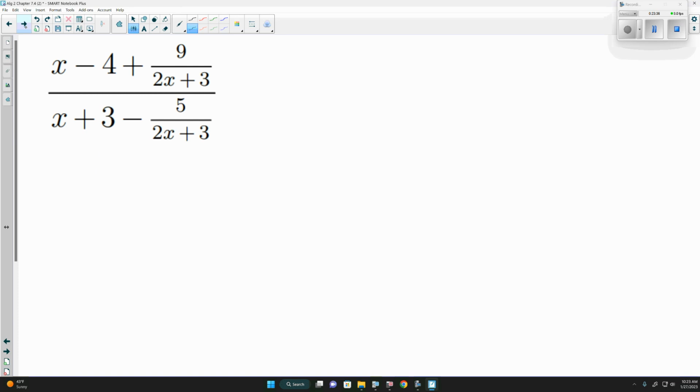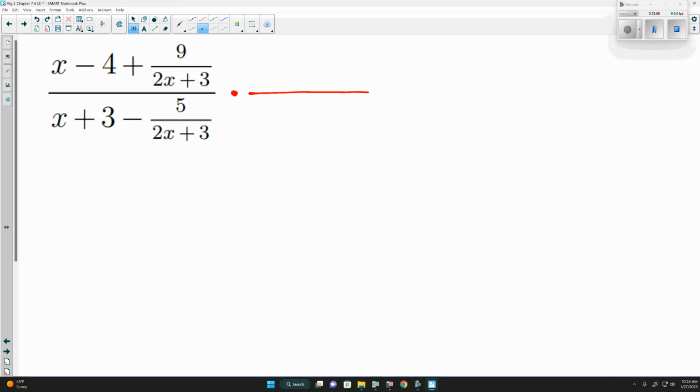Now, let's look at this one here. Looking at the numerator and denominator, there are only two fractions, one in the top, one in the bottom.